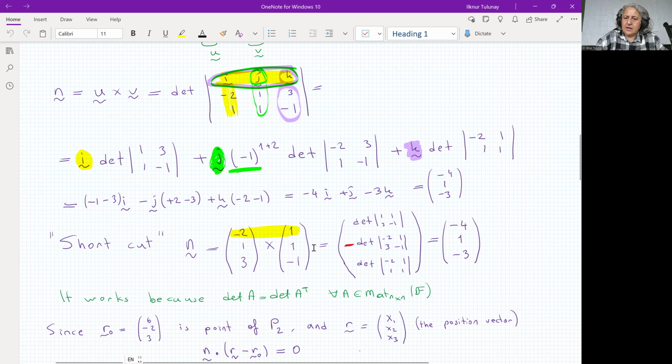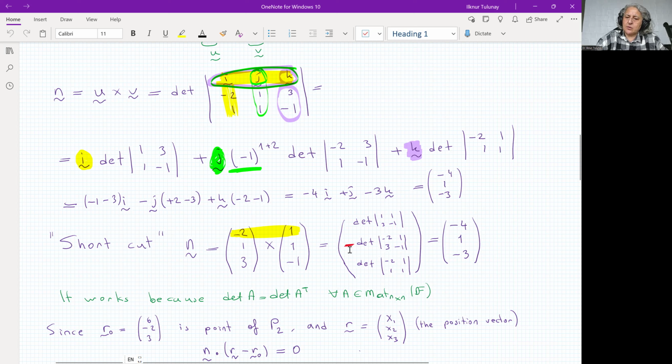And now for the second one, this needs to be minus, which is coming from this position. And you remove this row, and the matrix left here is -2, 1, 3, -1. You need to calculate the determinant. This times this is +2, -3, that will be -1.